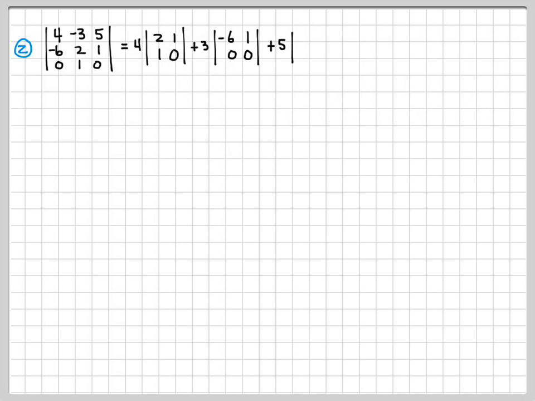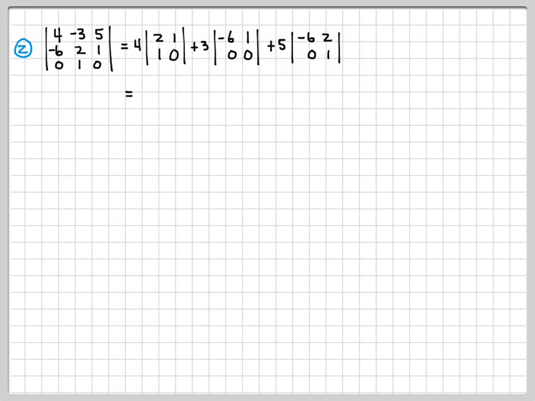Let's go ahead and do term 2. This is the determinant I need to compute. I'm going to do my cofactor expansion about the first row. I have 4 times this determinant plus 3 times. Normally on the second term we have to toggle plus and minus, but since it was already -3, it turns into a +3. And then finally plus 5 times this determinant. Again, we'll use what we know about 2x2 determinants and the fact that we can just write those down.